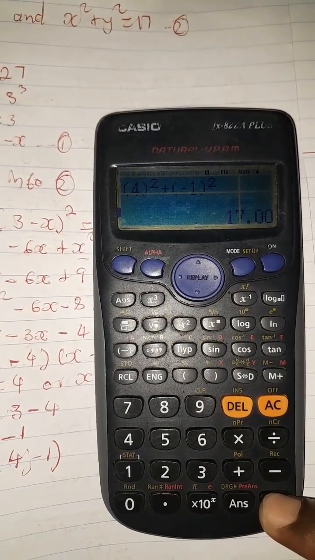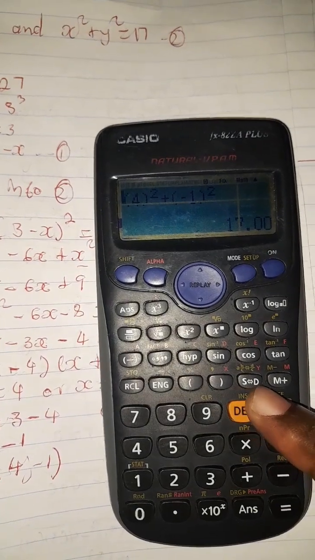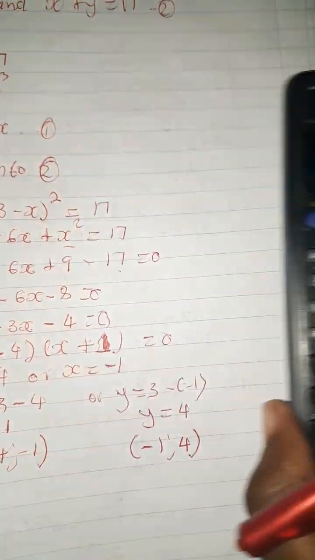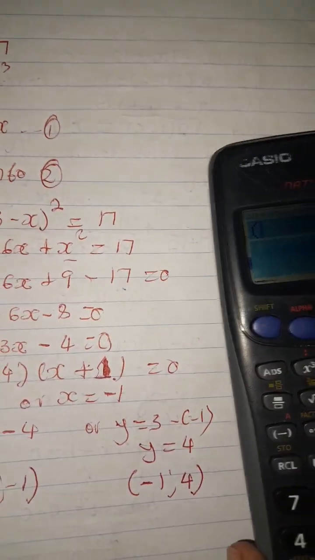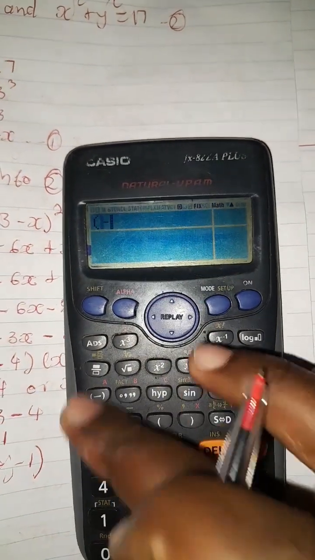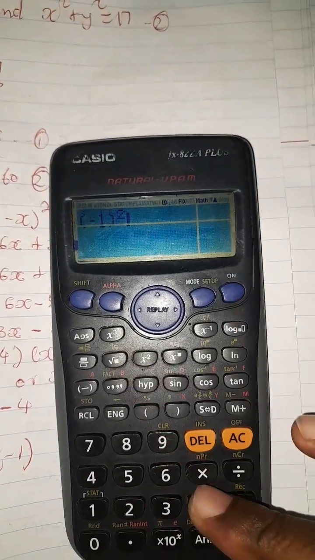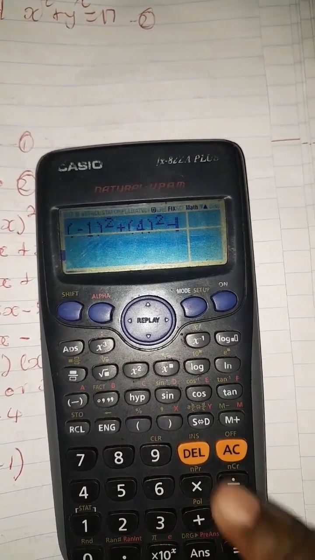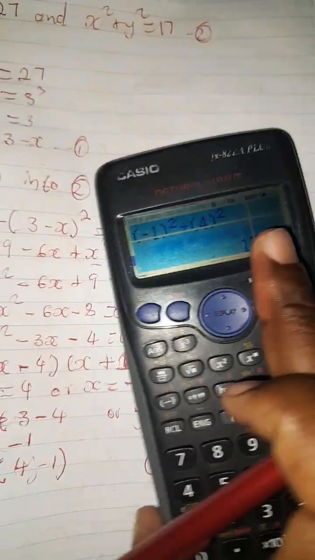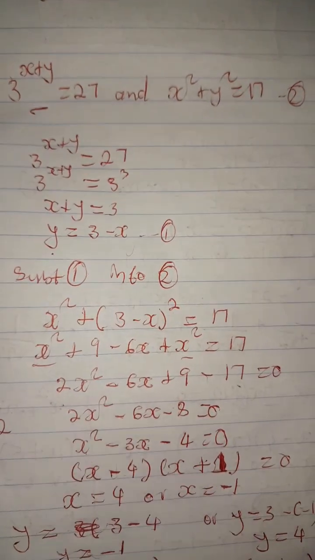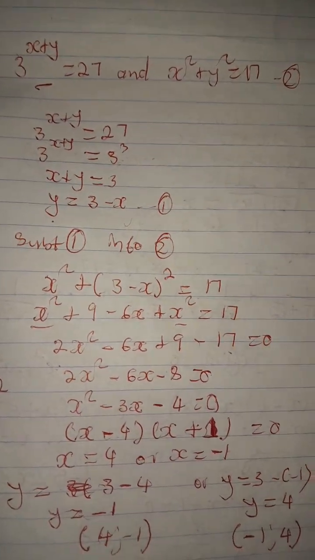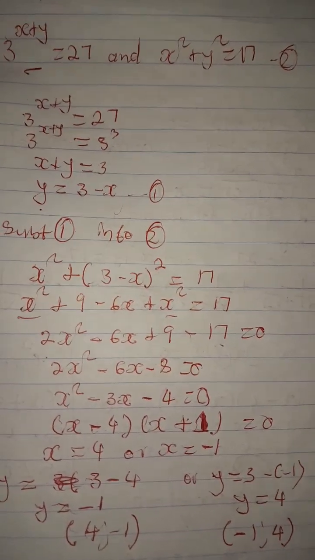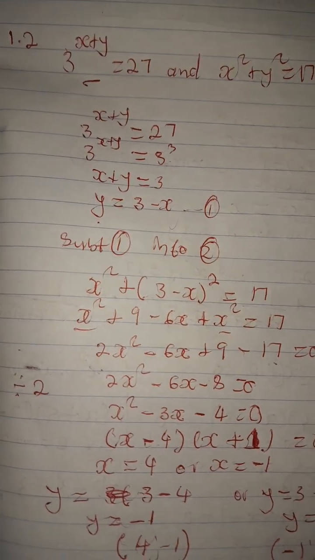Definitely it gives you 17 in this case. Okay, you can also check the other part. We have minus 1 and 4. Similarly, we still get the same thing. Still going to get 17. So it's correct, guys. So you have a guarantee that you have scored a lot of marks there. If it's 6 marks, you'll have scored 6 marks, right?